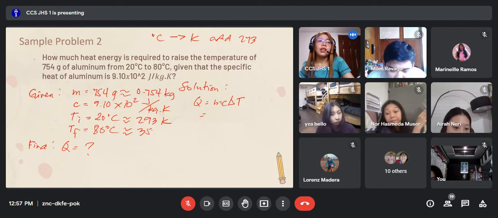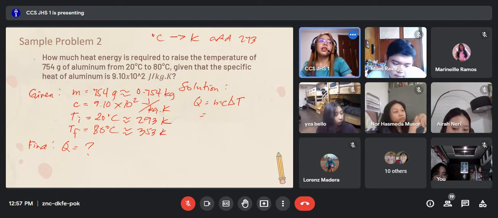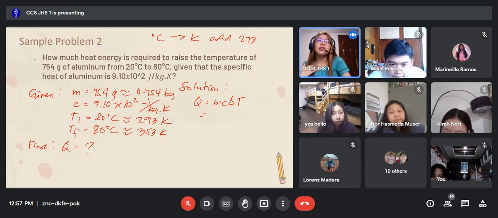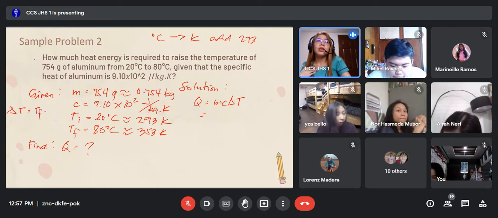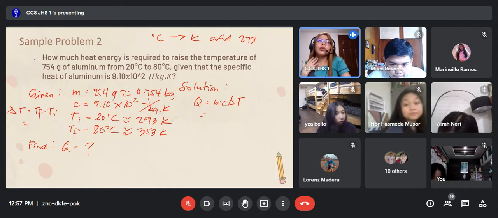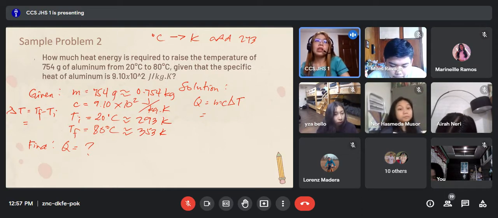Remember, delta T is just final minus initial. Delta T is equal to TF minus TI. So 353 minus 293 is 60.